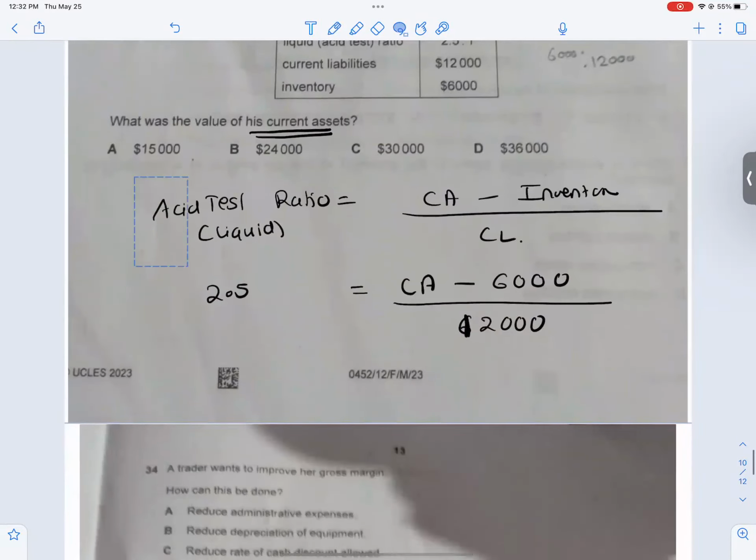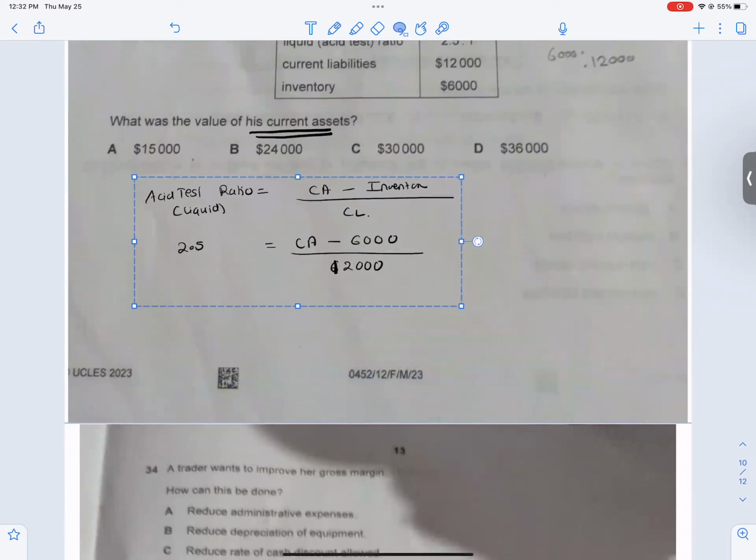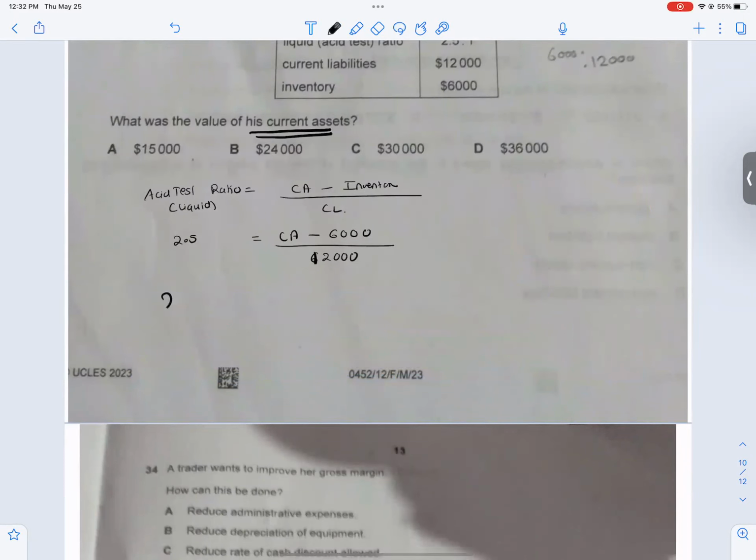So do I have to do cross multiply for this? Yeah, first I will do cross multiply, so it will become 2.5 into 12,000 equals current assets minus 6,000. 2.5 into 12,000 will give you 30,000.